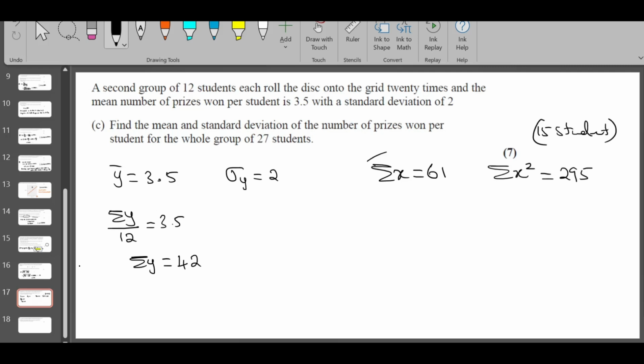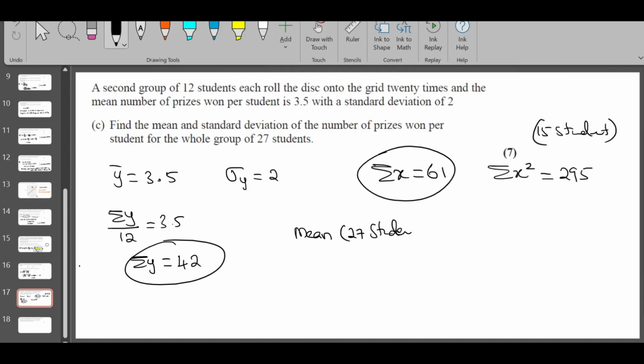So you take this and this, add them. So you get the mean of 27 students is equal to 42 plus 61. That will give you the sum of all the 27 students divided by 27.